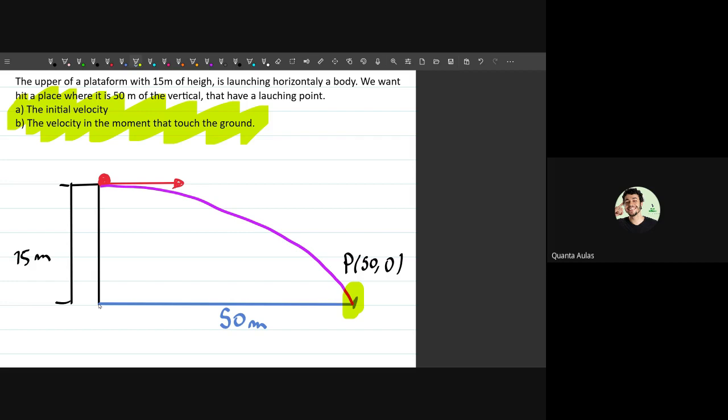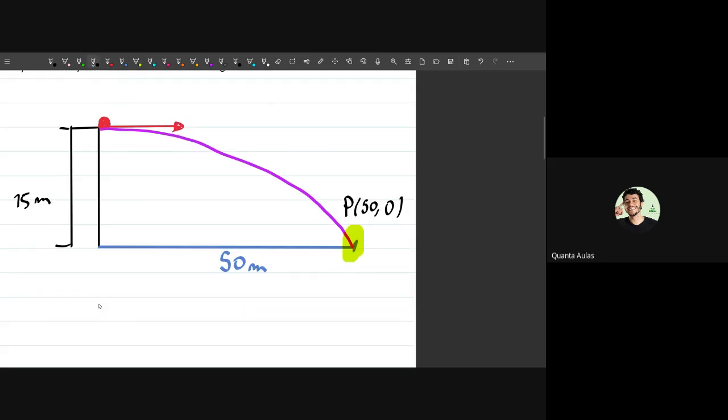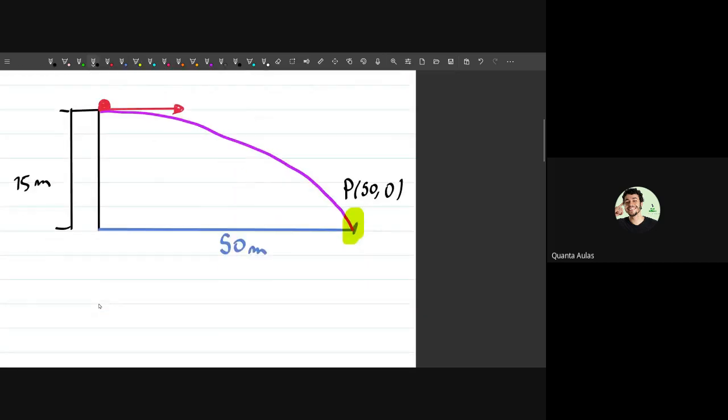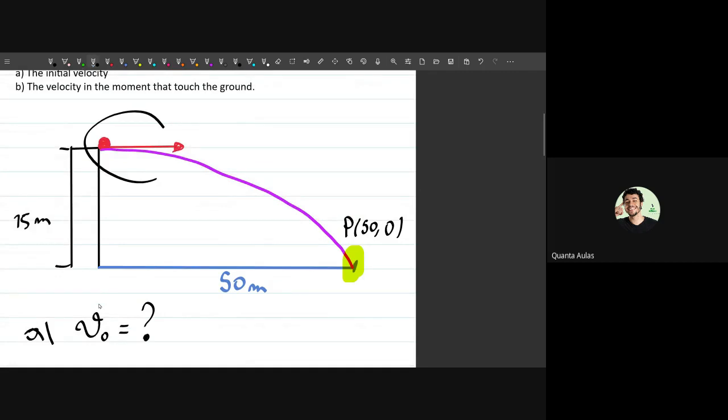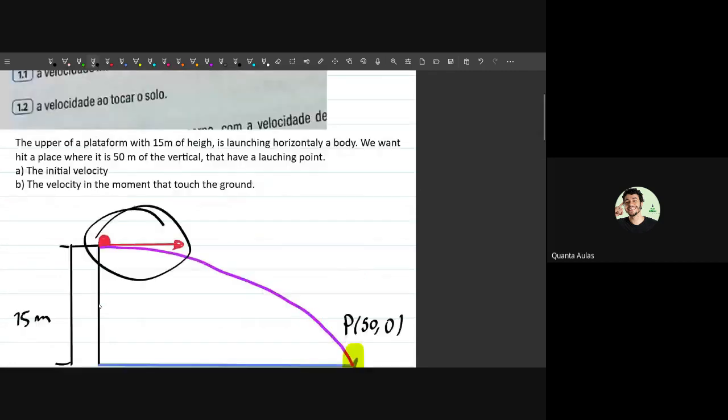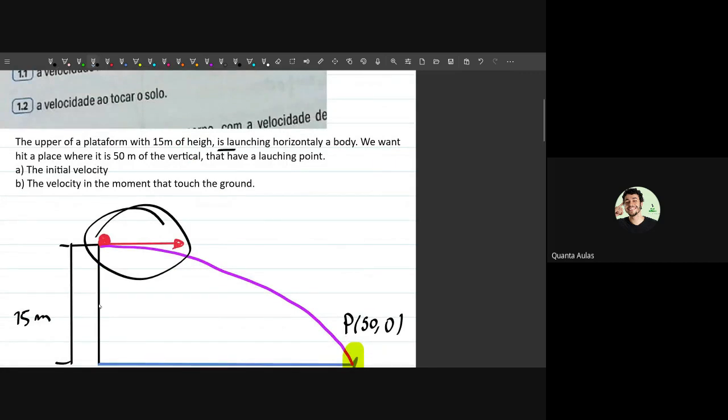For example, the initial velocity in x, what the first question wants, is only an x velocity because the movement is launched horizontally.